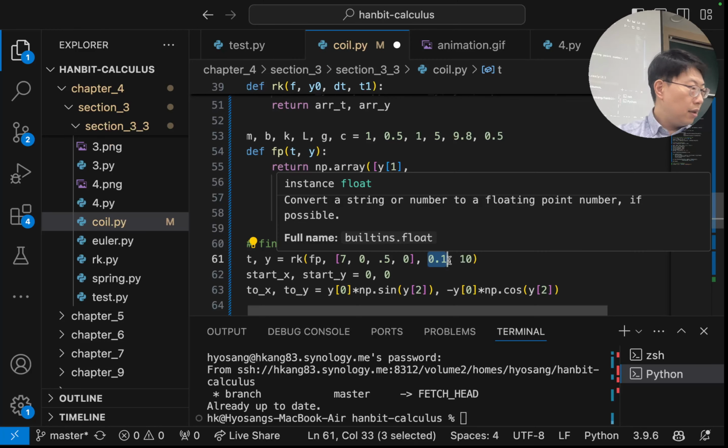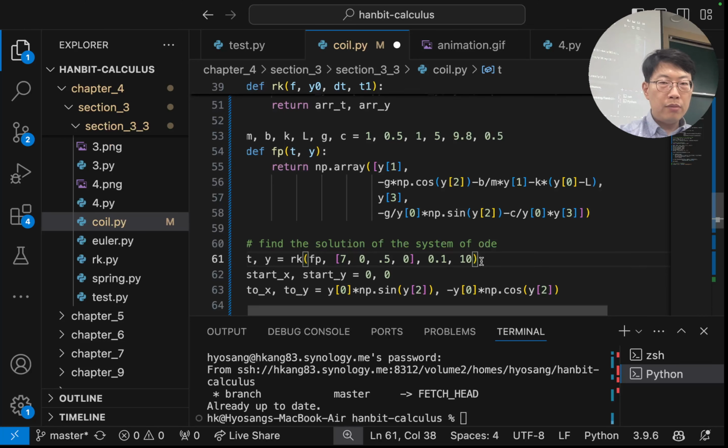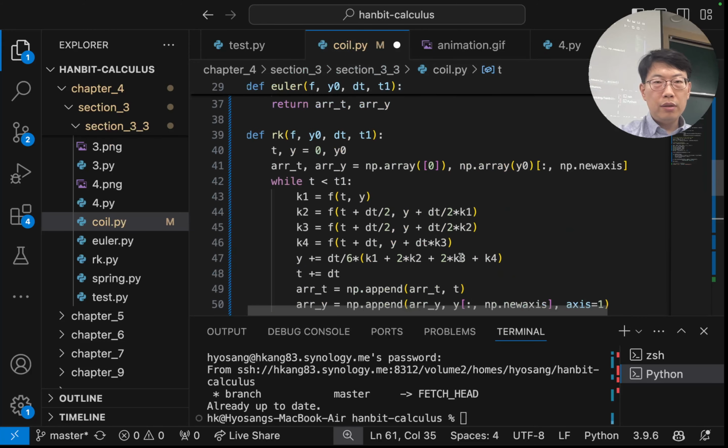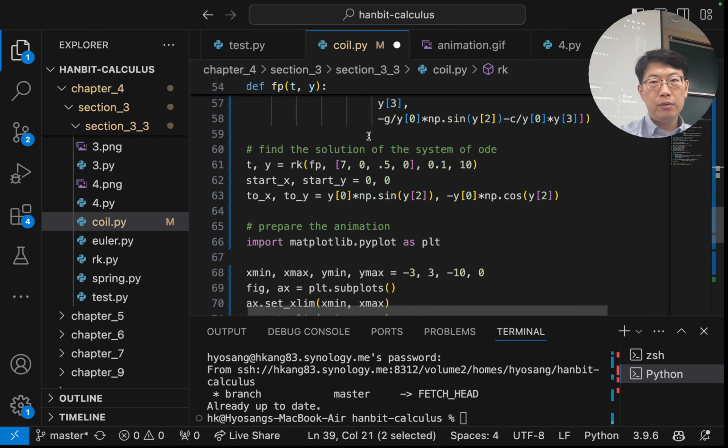And then I implemented my Runge-Kutta so that it takes 2 more arguments. The second one is the step size, like delta x, and the endpoint of x, which is 10. So it always starts from 0 and moves by 0.1 step each time, estimating the y value, and then it stops when x becomes 10.